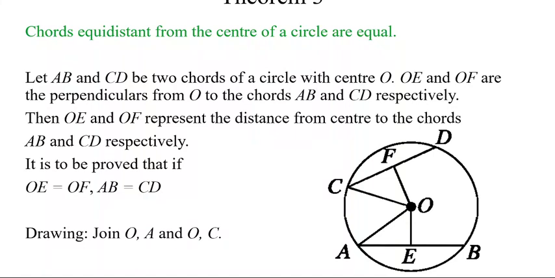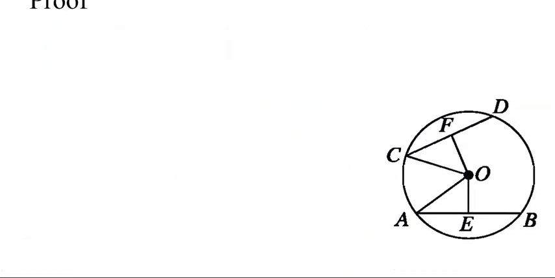Drawing: we have to join O, A and O, C. Now, proof. First step, OE is perpendicular to AB and OF is perpendicular to CD.